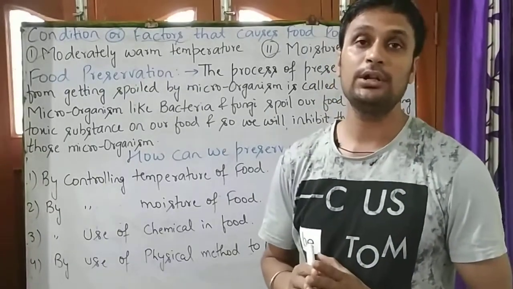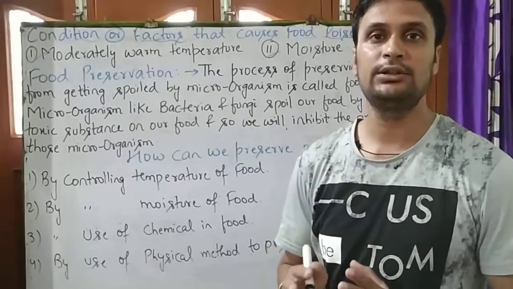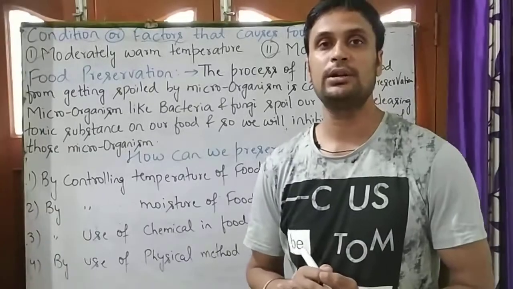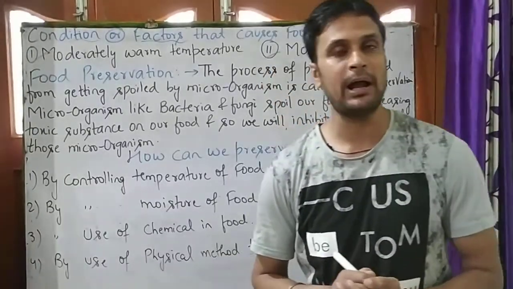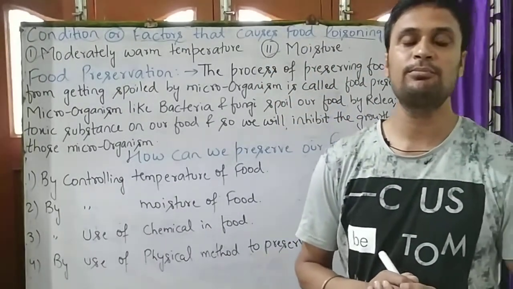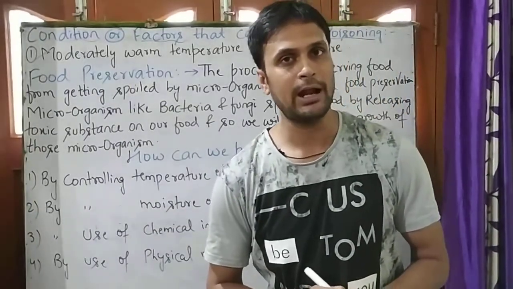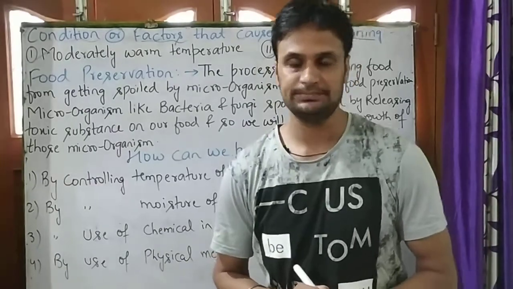If the food is not cooked properly, then moisture remains in the food. That moisture supports the growth of microorganisms, and the microorganisms release toxic substances and the food gets poisoned.